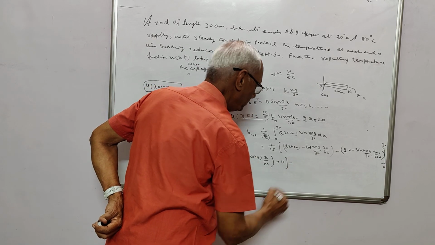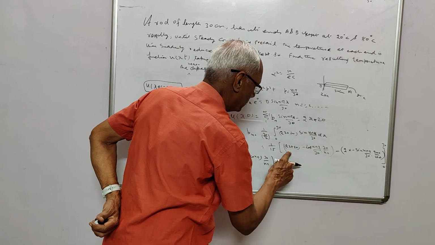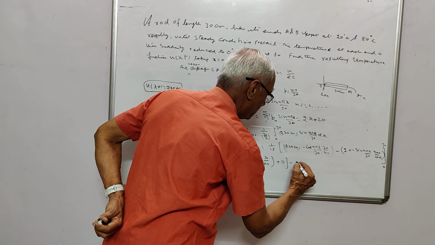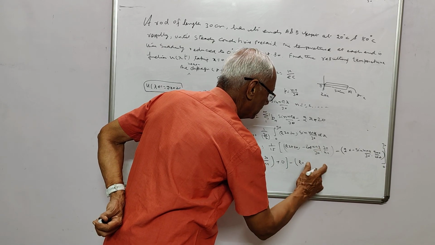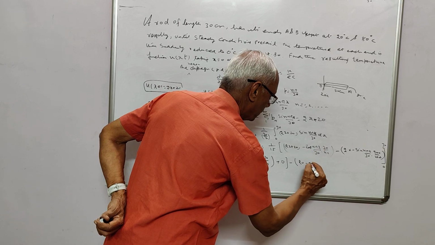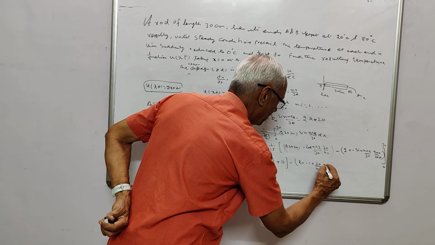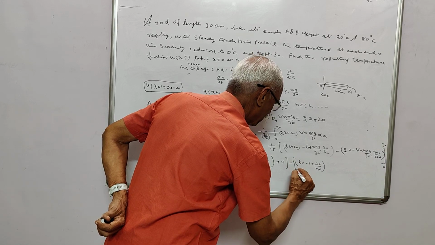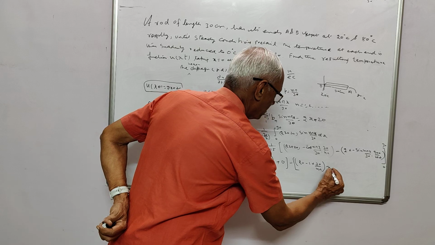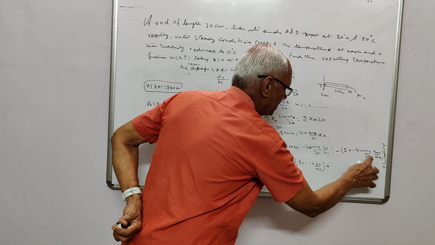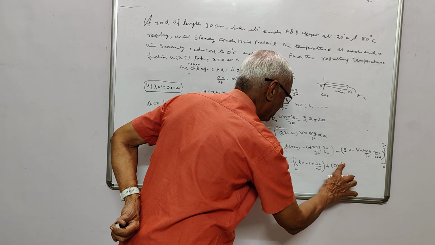Then minus, put x equal to 0. If you put x equal to 0, it is 20, minus, cos 0 is 1, minus 1 into 30 by nπ. Keep this in the bracket. Minus, it is plus. Then sin 0 is 0, so don't worry about this, you will get it as 0.